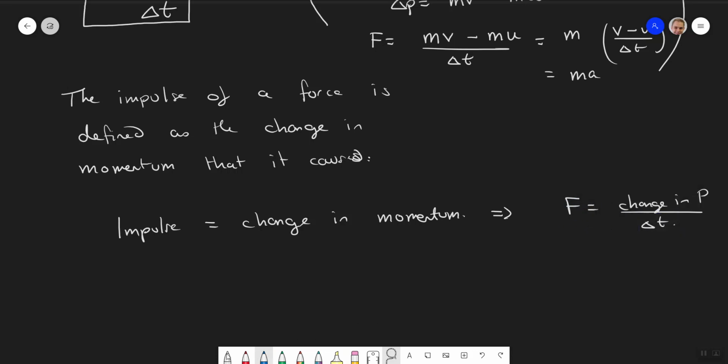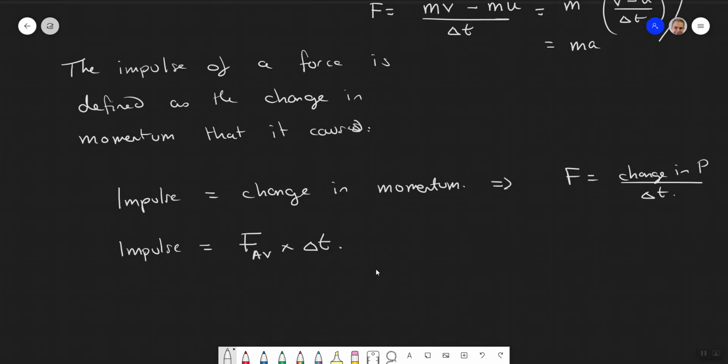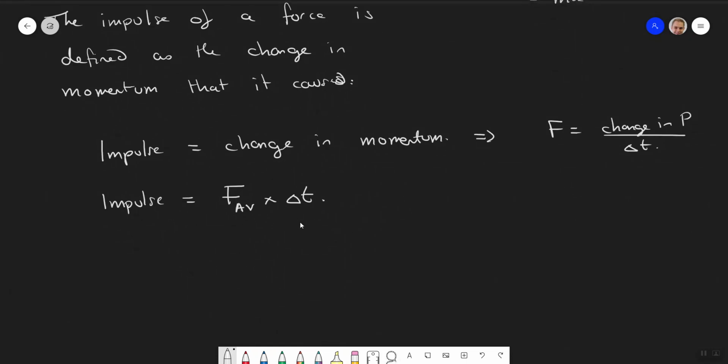So what this gives us is an idea that impulse is equal to the average force applied multiplied by the change in time, the time that it's applied for. It is possible, via calculus, to do this slightly more formally by breaking it all into tiny things and not having to worry about average forces.